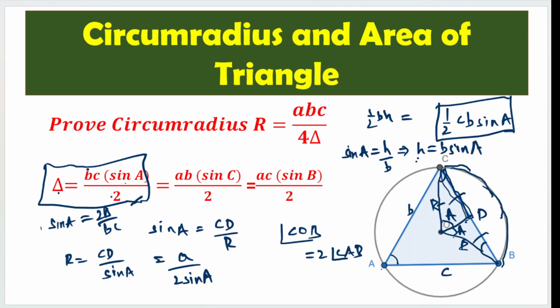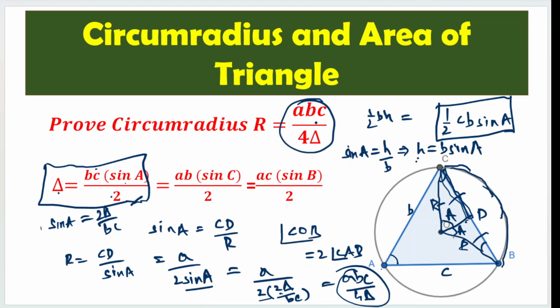Let's replace sine A with this, which becomes a by 2 into 2 area by BC. This BC will go to the top, which becomes abc by 2 into 2, that is 4 into area. This is what we wanted to prove. It's a simple algebraic manipulation.